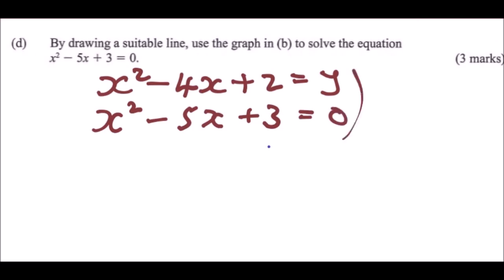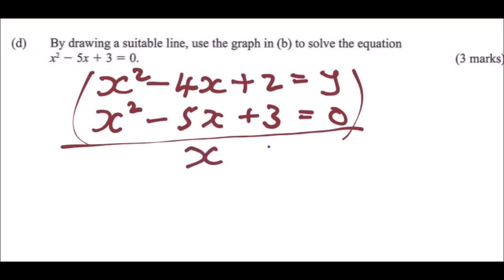We use these two equations and subtract. So x squared minus x squared is 0, minus 4x minus 5x, it will be minus 4x plus 5x, so we will be left with x.